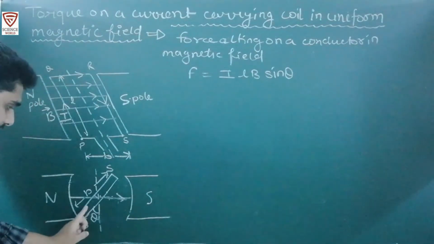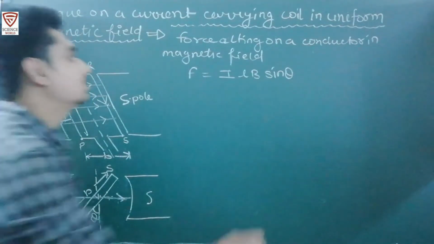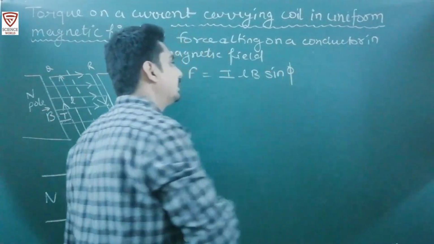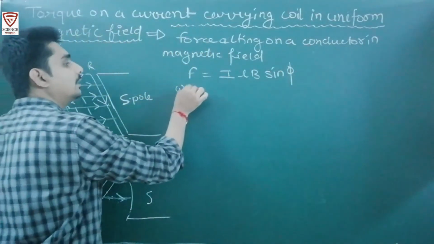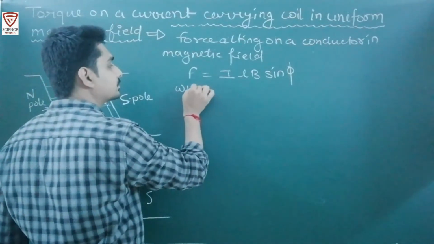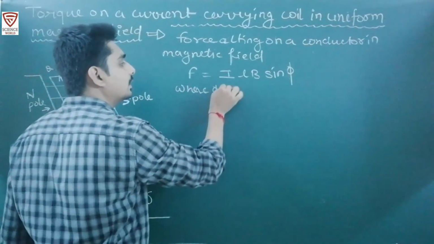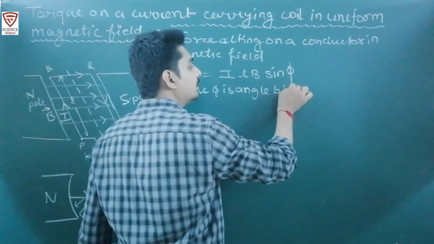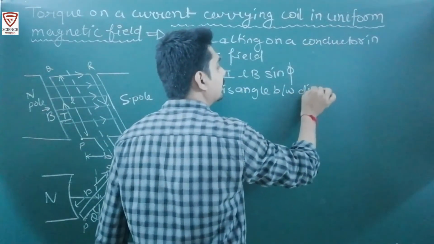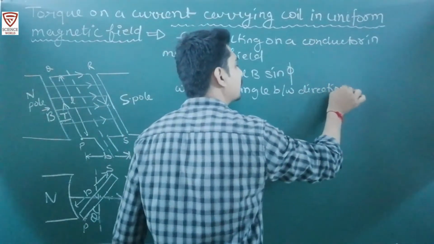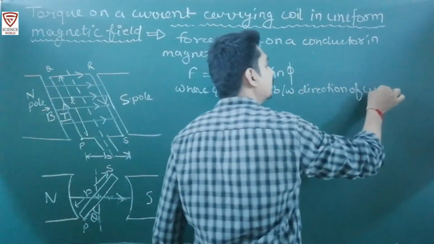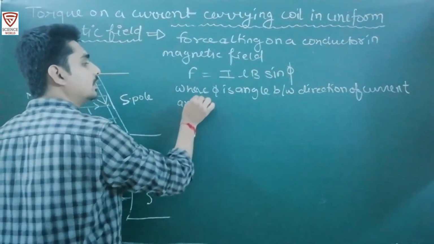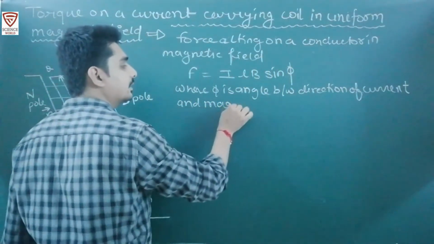I have already taken this theta here, so now I will take phi instead of theta. So I will write, where phi is the angle between the direction of current and the magnetic field.